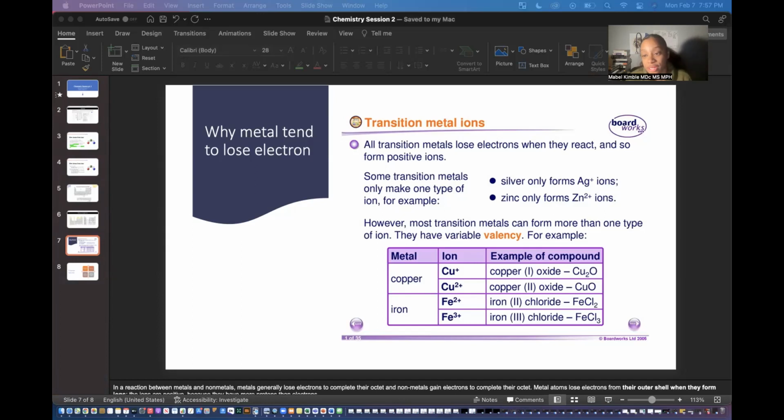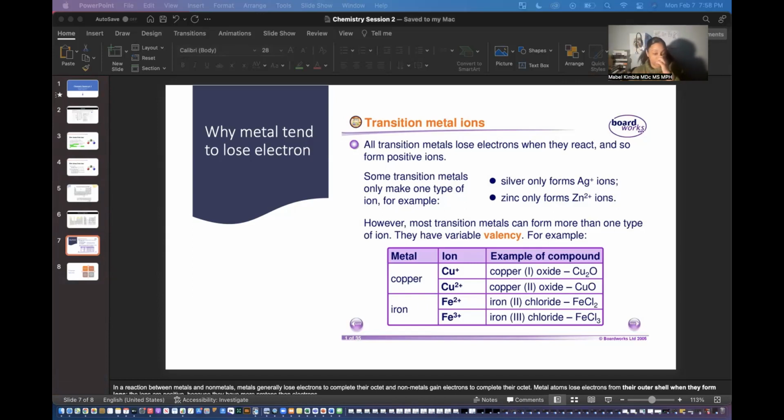Another thing we talked about when we discussed naming compounds is that when we're naming transition metals, we're using Roman numerals. The Roman numerals essentially represent the ions that are involved. So iron 3 means iron 3+, iron 2 is iron 2+, copper 2 is copper 2+, and so on.